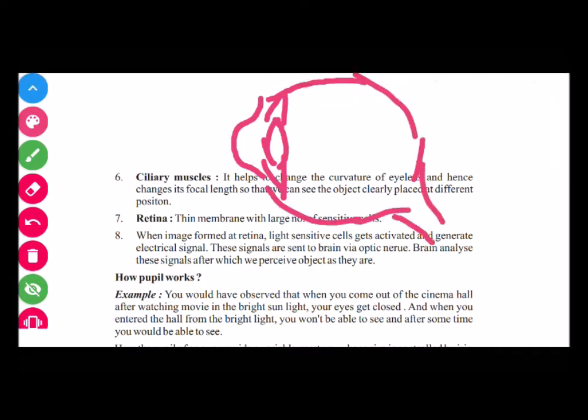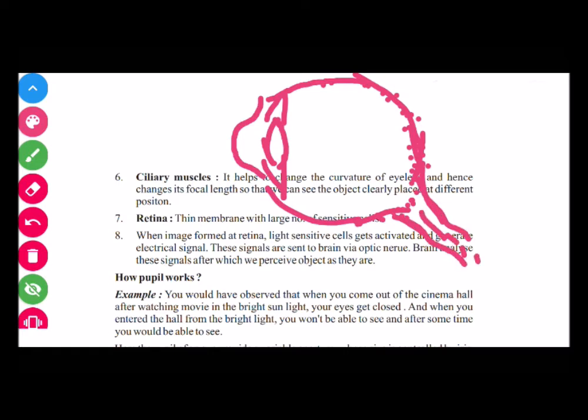The lens will converge light onto the retina, and in the retina, there are light sensitive cells called rod cells and cone cells. Ready? Cone cells are sensitive to colors and the rod cells are sensitive to intensity. These cells will convert light energy into electrical signals, and these electrical signals will be transmitted through the optic nerve.